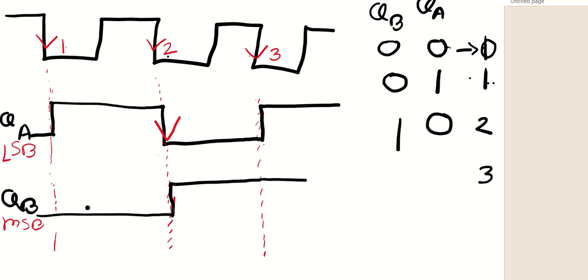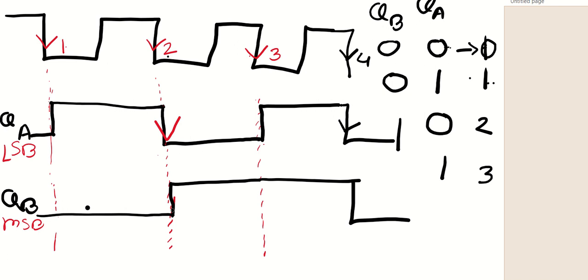Now this will remain 1 only. And at the fourth clock pulse, this will again become 0 and this will act as a negative clock edge for your B flip-flop and it will change from 1 to 0.